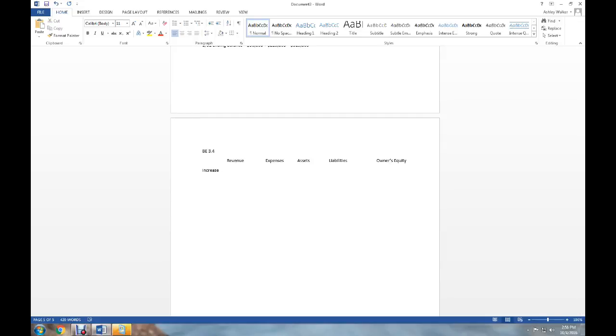So to increase a revenue account is a credit. To increase an expense account is a debit. To increase an asset account, again, is a debit. To increase liabilities is a credit entry, and to increase owner's equity is a credit entry.